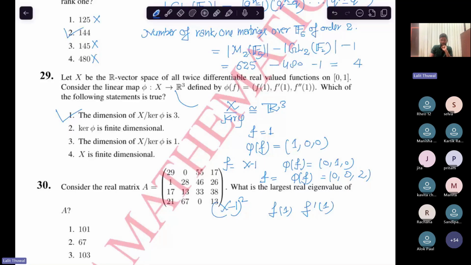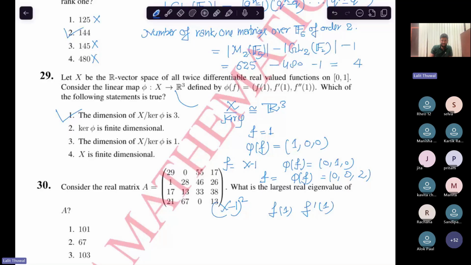So let me see how many of you observed that. Supritam, let me know.